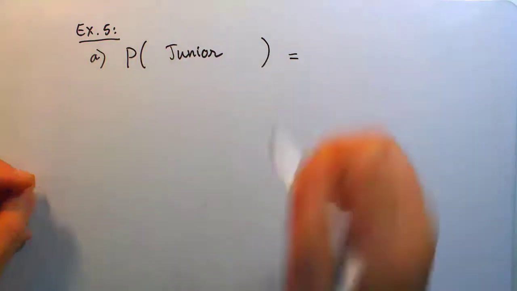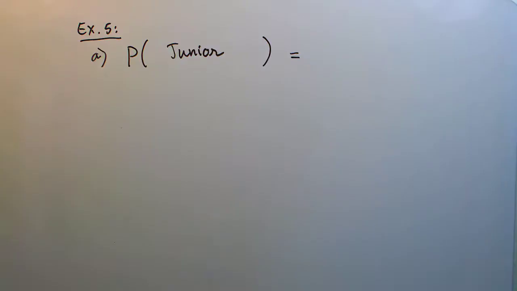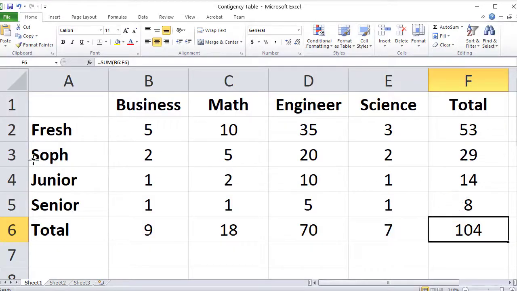Now, to get an explanation of this, let's get back on my board here. As I have briefly explained earlier, all class ranks are being arranged throughout the rows right here. So we just easily look for the junior row, the entire row of junior here. We've got one business, 2 math major, 10 engineering.